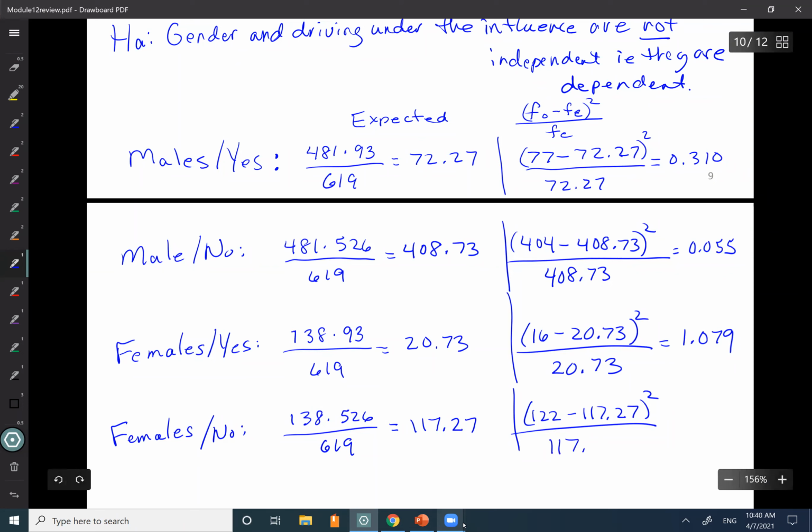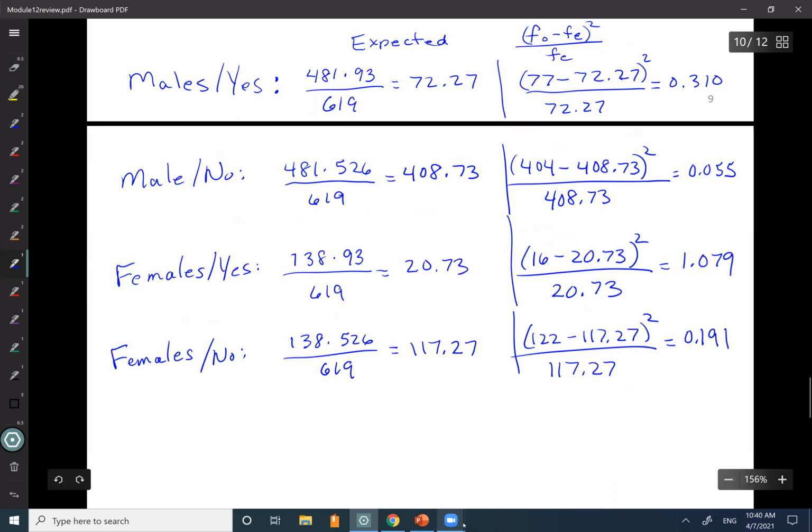So they're close in value, but if you had, say, 16 and 408, there's a mismatch there. So be careful that you keep the categories straight, but it's a good way to test and go, hey, maybe I must have done something wrong. They're just too different.